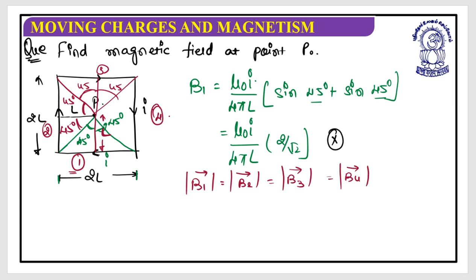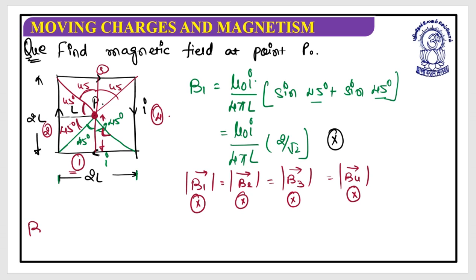Now let's work for the direction. As you can see, this point P is there. For every conductor, current is flowing in clockwise direction because the direction of current is the same through every one. So everyone has a magnetic field which is inside the plane, something like this, inside.